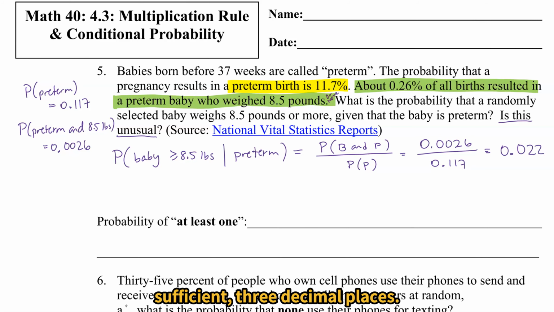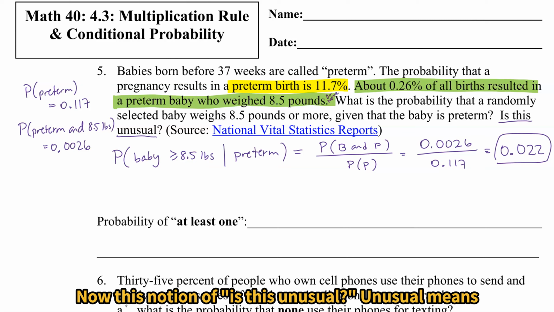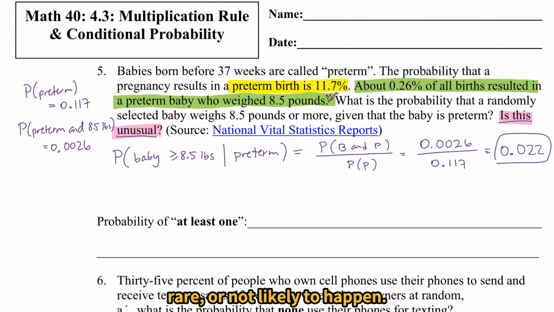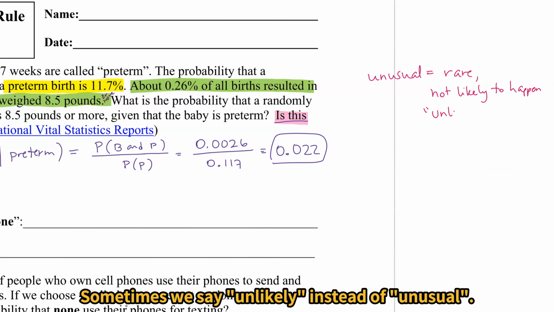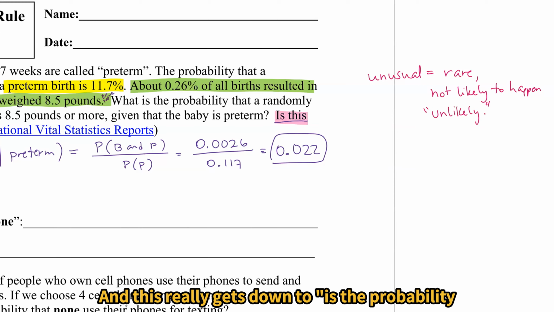3 decimal places. Now, this notion of, is this unusual? Unusual means rare or not likely to happen. Sometimes we say unlikely instead of unusual.